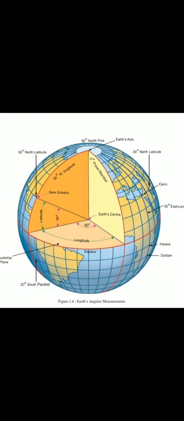A line joining all the places located north of the equator at an angular distance of 30 degrees is the 30 degree north parallel. All the places on this parallel have the same latitude, 30 degree north.